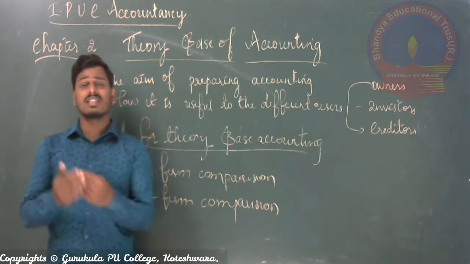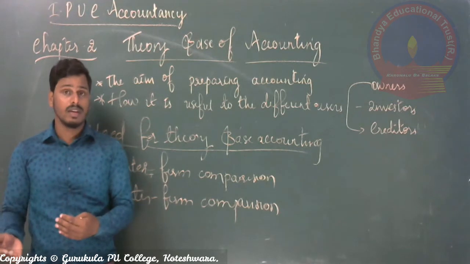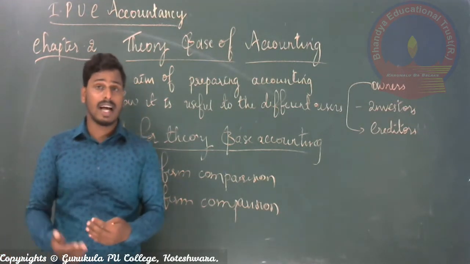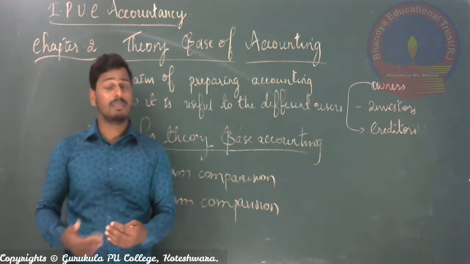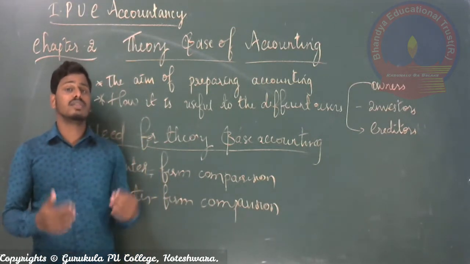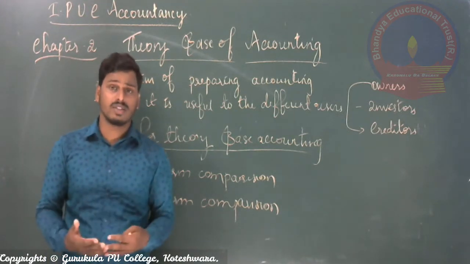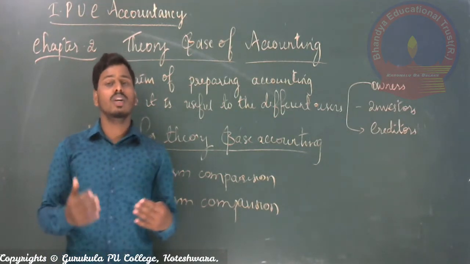Once the transactions are identified and processed through many steps like measuring, summarizing, analyzing, interpreting, recording, and later the information is made ready and communicated to the different decision makers or users, then it is called accounting.